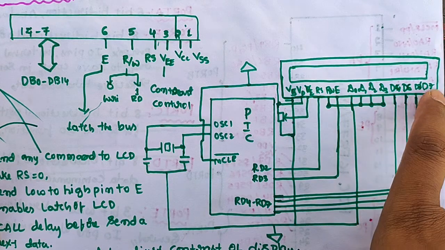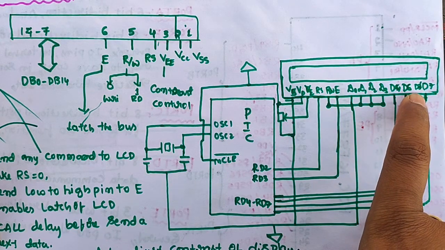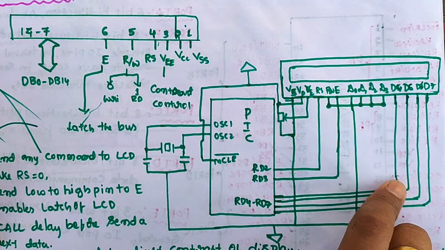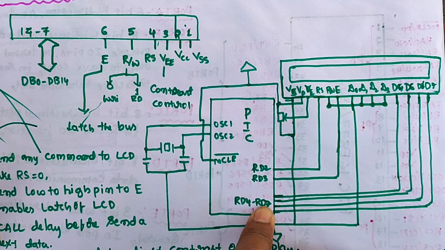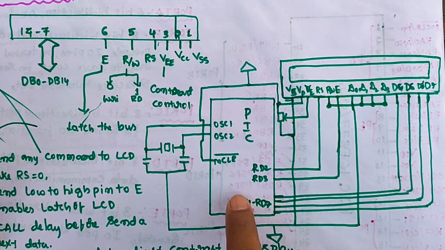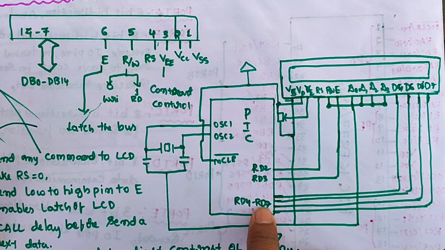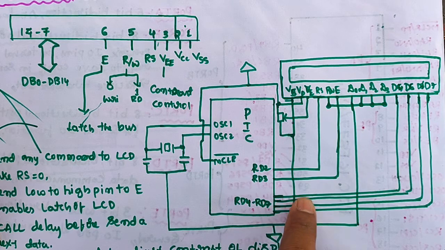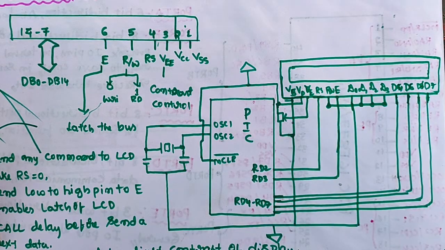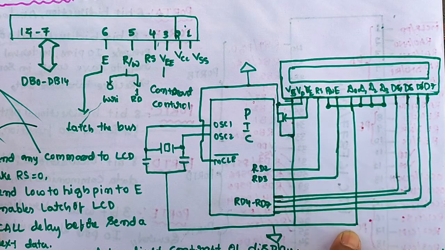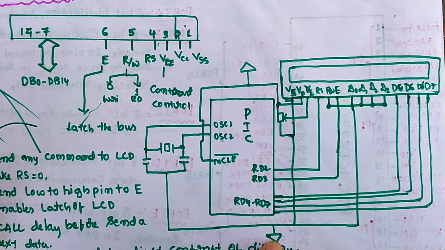That means the higher order lines D7, D6, D5 and D4 are connected to port D. As I told, port D is used for data communication, that is RD4 to RD7 are connected to the data lines of the LCD, and the remaining 4 lines are connected to ground.